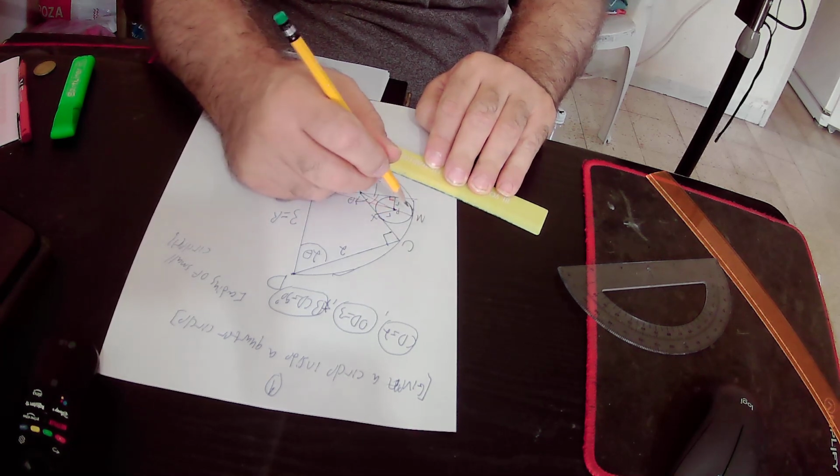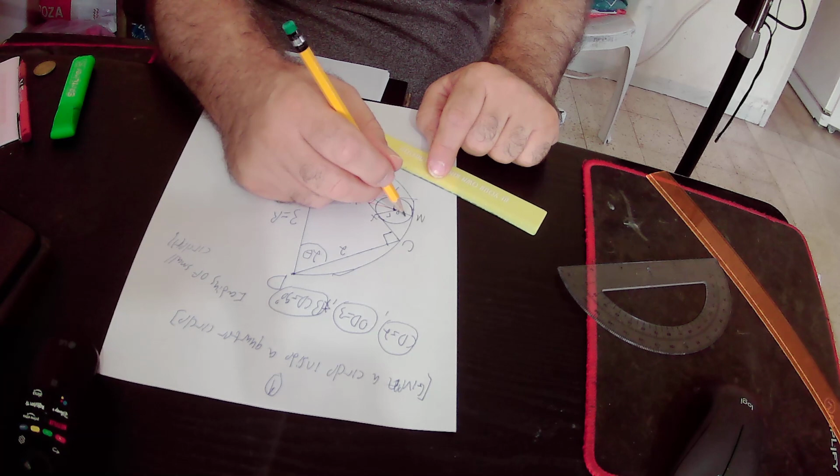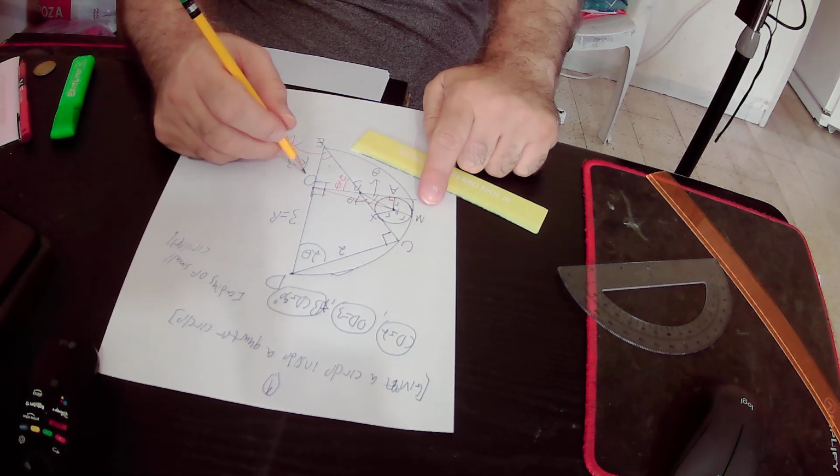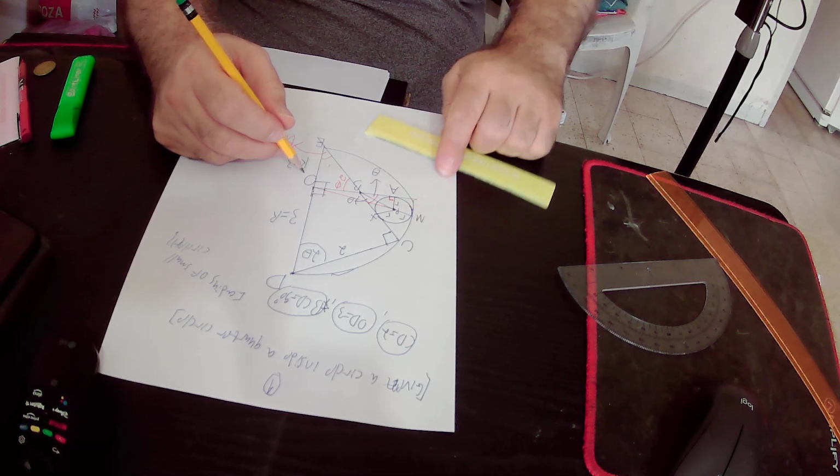So actually MP is the radius of the small circle and OM is the radius of the big circle.